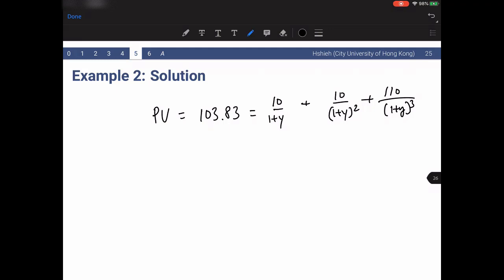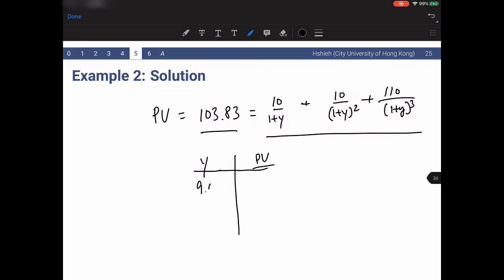And we will use trial and error to find which y allows us to make the left-hand side equal to the right-hand side. So I'm going to write out a table here. I'm going to vary y and see if I can get the present value to match 103.83. I tried 3 numbers, 9%, 8%, and 8.5%.